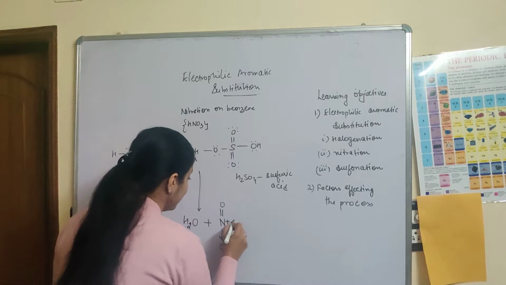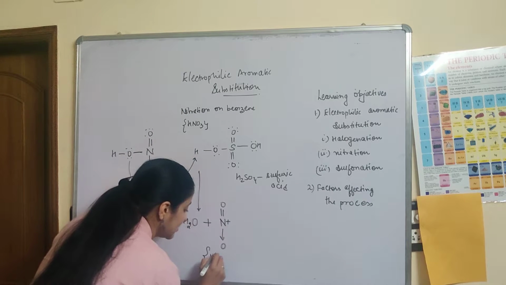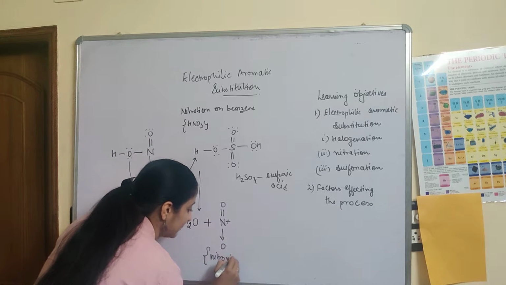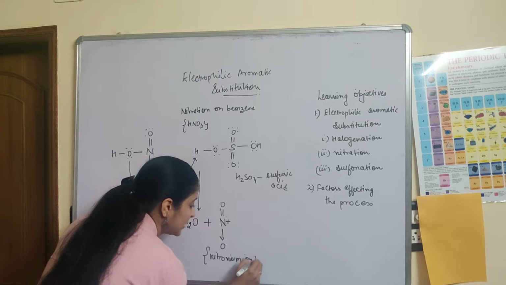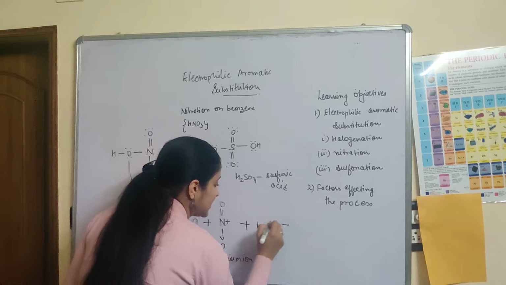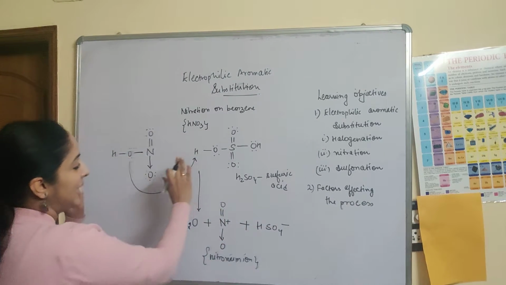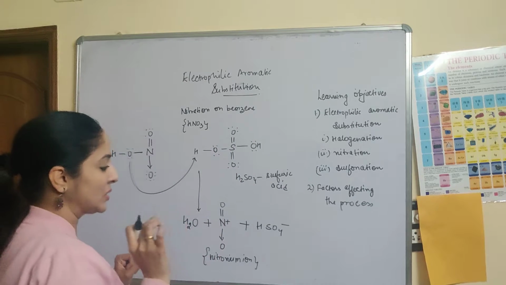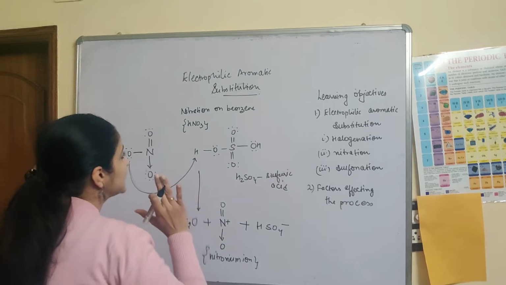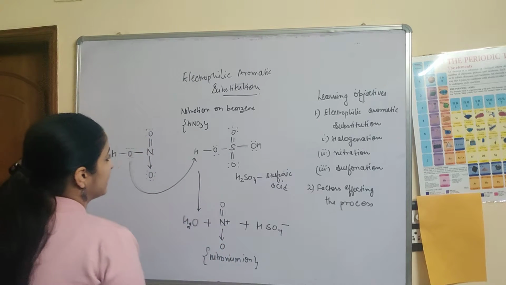So NO2+. This is our electrophile, students. This is the nitronium ion. This is going to attack on the benzene ring. Plus it is going to form the HSO4- ion, because H+ has been abstracted from it and the negative charge remains on the oxygen, right, students? So this is the first step, which is the generation of the electrophile, which we have seen now.